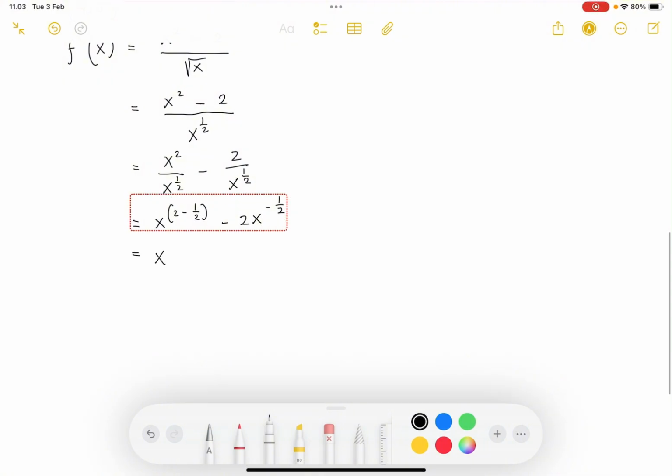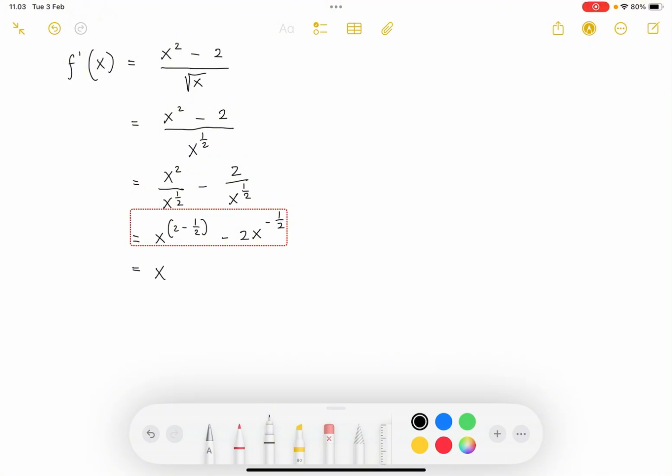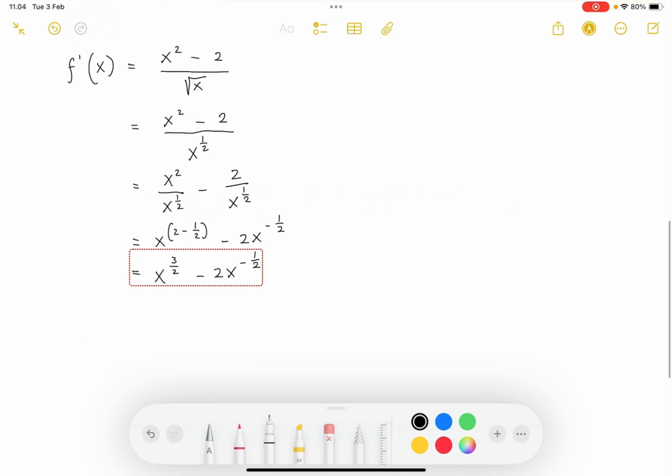So later, the answer for the simplified f prime x, this is not yet the integration function. It is still the simplified form of the derivative function. Later, we got 2 minus 1 over 2, that is 3 over 2. Minus 2x to the power of minus 1 over 2. Now, this is already simplified.